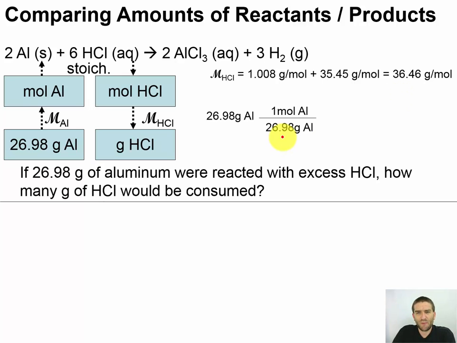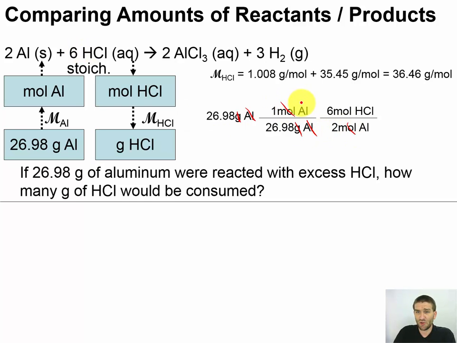So what we'd do is we'd set it up, we'd have our grams of aluminum, we have to convert into moles. So I'll put my molar mass of aluminum on the bottom, put my moles on top, my grams cross-cancel, and aluminums cross-cancel, leave me in moles. Next up, I'm going to convert from moles of aluminum into moles of HCl. I use my stoichiometry for that. I have 2 moles of aluminum using 6 moles of HCl. And you can see that right here.